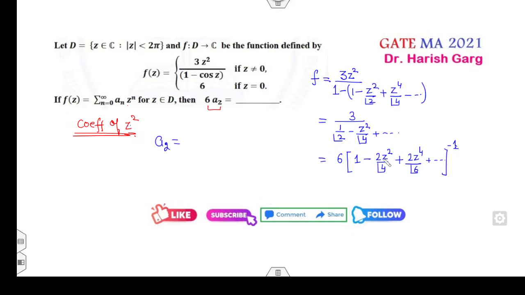If you open that, the coefficient is 6 into 1 plus 2z square over 4 factorial. सिर्फ z square तक ही लिखना है ना आपको, so there is no need to write the next term. So what is the coefficient? 6 into 2 divided by 4 factorial. So that will be 1 over 2, and a2 is 3, the right answer of the problem.